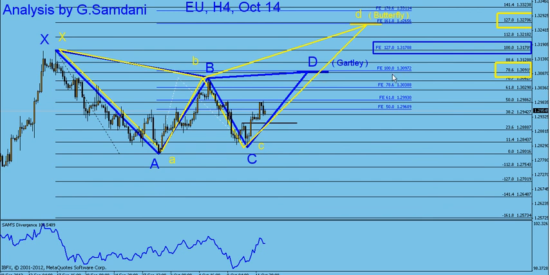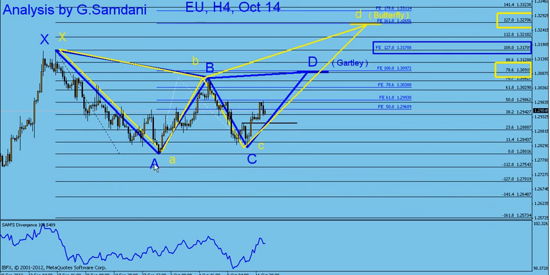All right. So this is the first scenario to the upside in a harmonic. The next target would be the X, the height of this. As you can see, AB is equal to CD, 127% is coming exactly to this high, 131.70. 127 extension of AB is equal to CD is 131.70 as well. So this is another very good calculation, and if we break this Gartley, then we go up there.